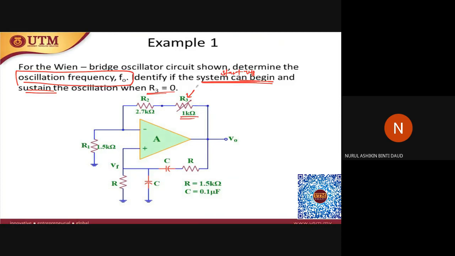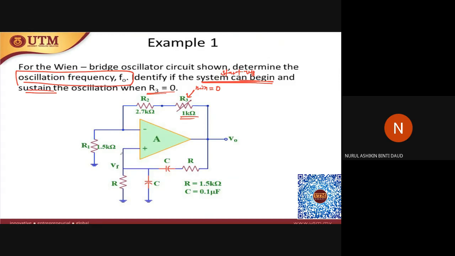The minimum value of this resistor is equal to 0. This is what we call a potentiometer, where we can adjust the resistance value for this device.